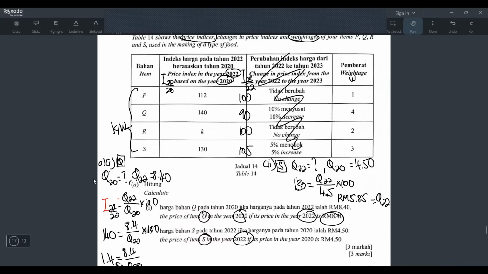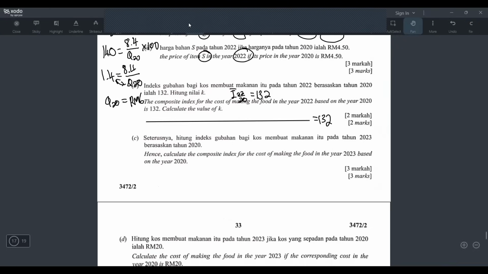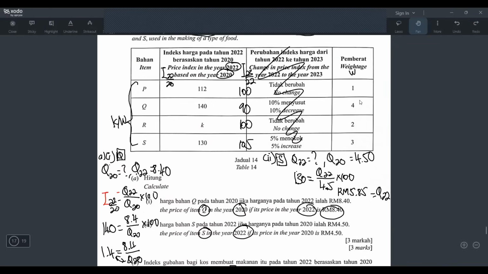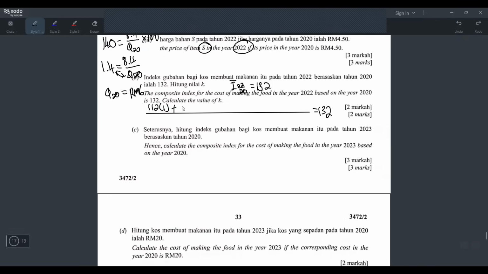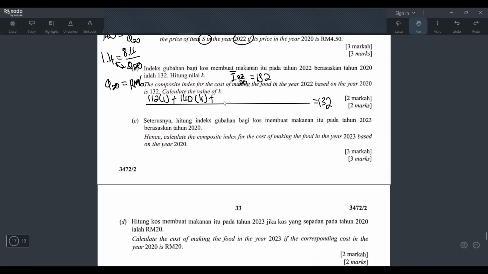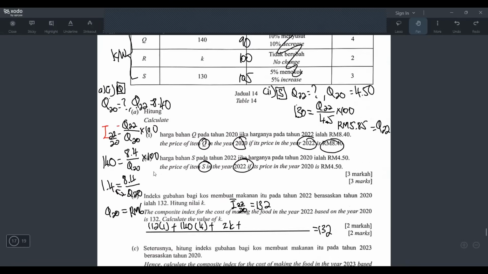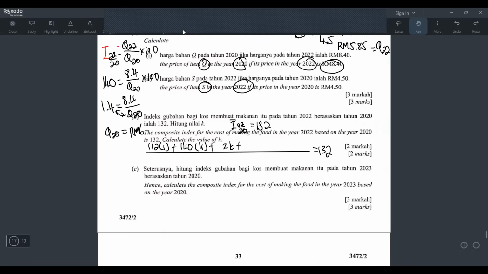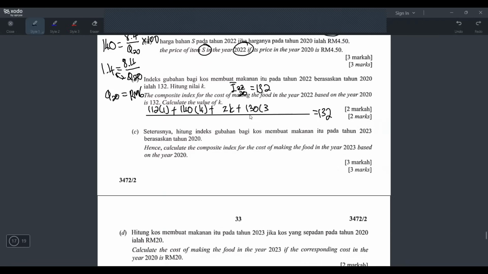So let's write it down. 112 times 1. And then plus with, next one is 140 times 4. Let's go. And then next one is K times 2, which is 2K. And then the last one, 130 times 3. Okay. And then divide with total weightage, 1 plus 4 plus 2 plus 3, right?